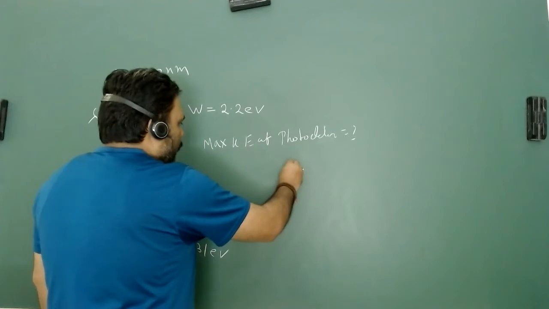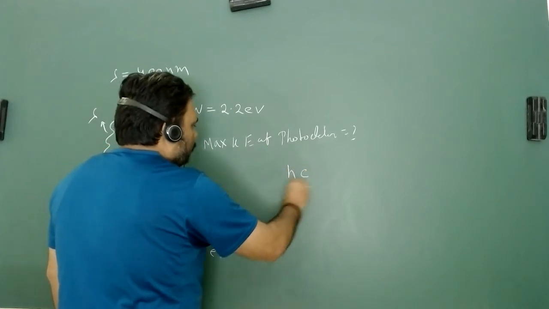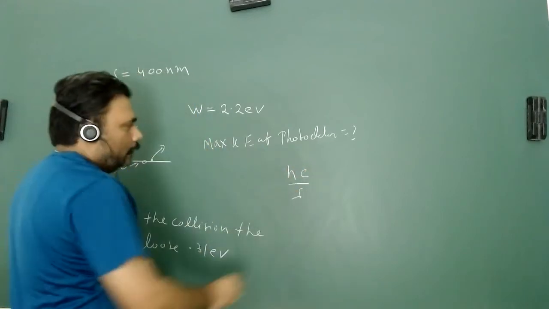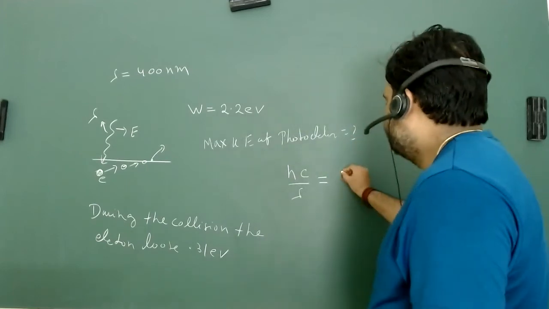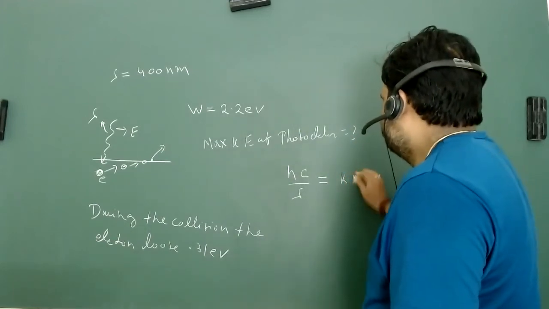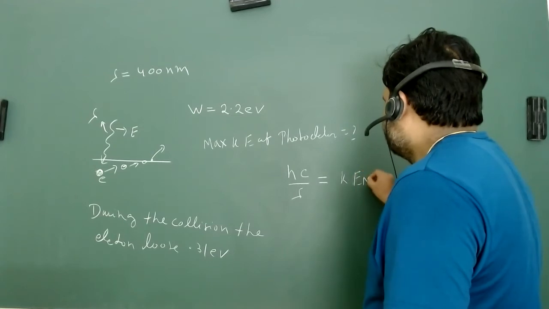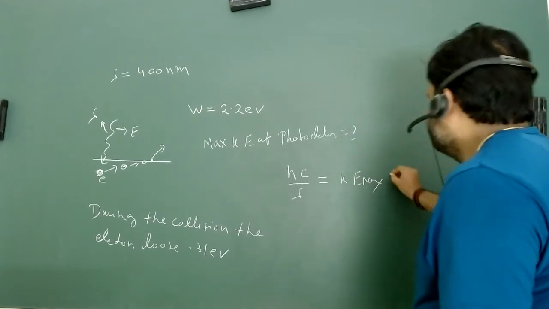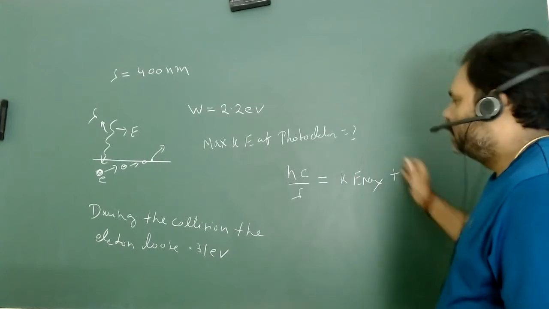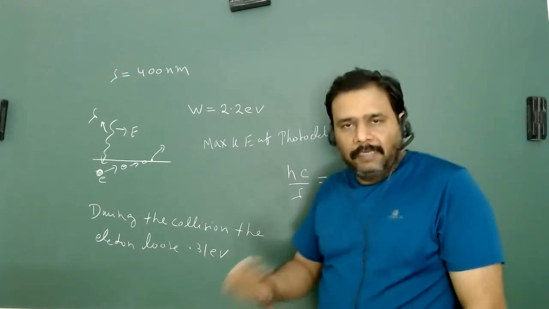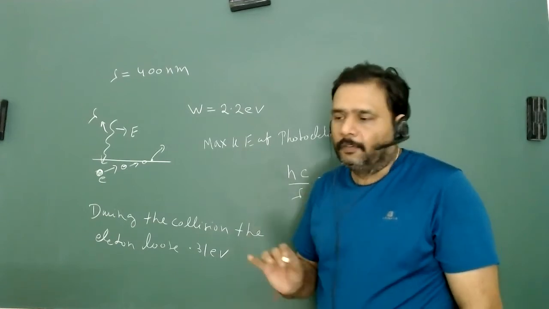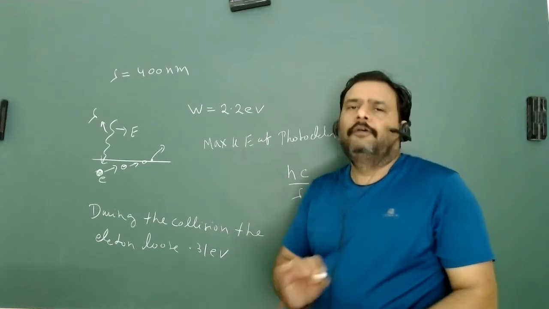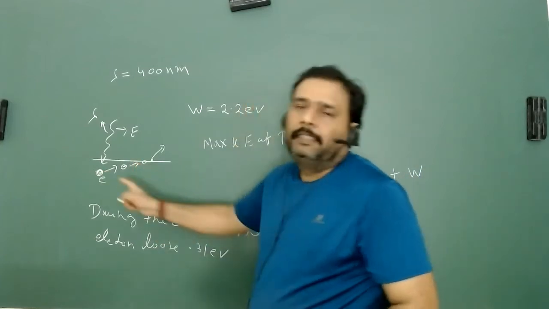So the energy is hc upon lambda, where lambda is 400 nanometer, and it will be divided into parts. One part is the maximum kinetic energy, KE max, plus the work function. These are the natural things, but extra information is given that energy is lost due to collision, and these collisions are internal collisions of this electron inside this metal.